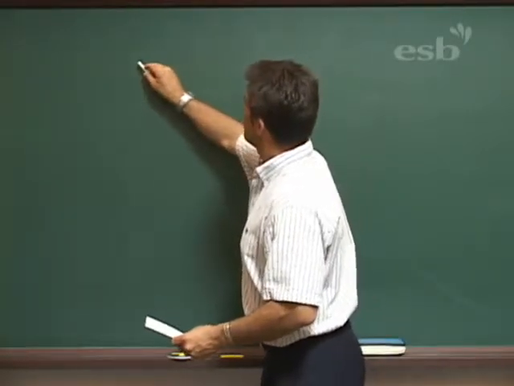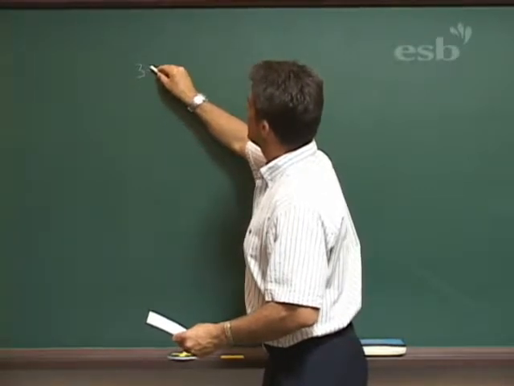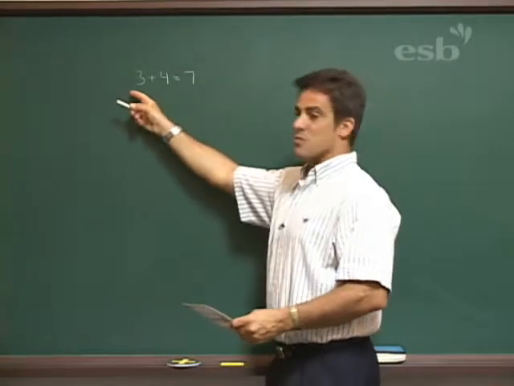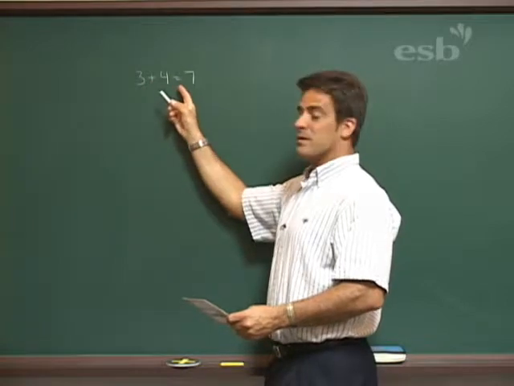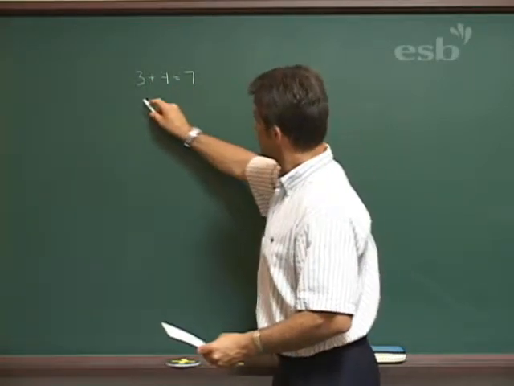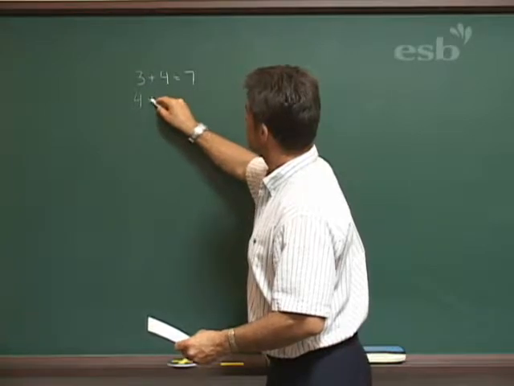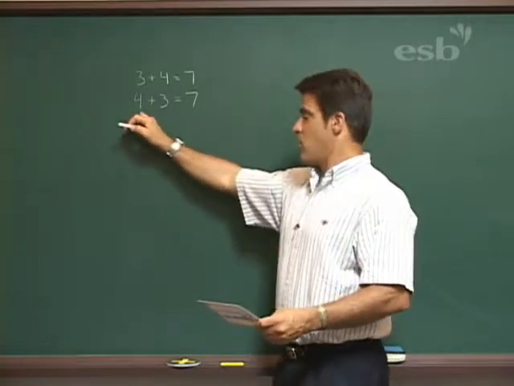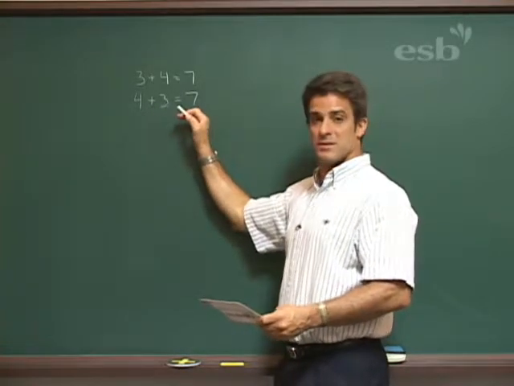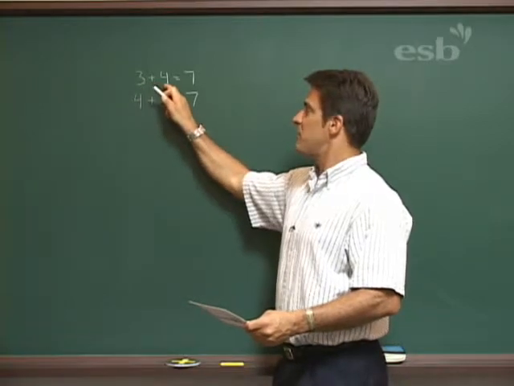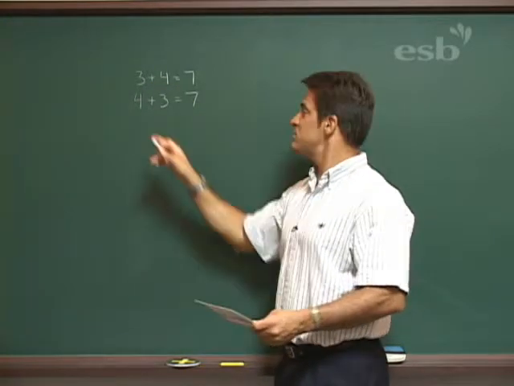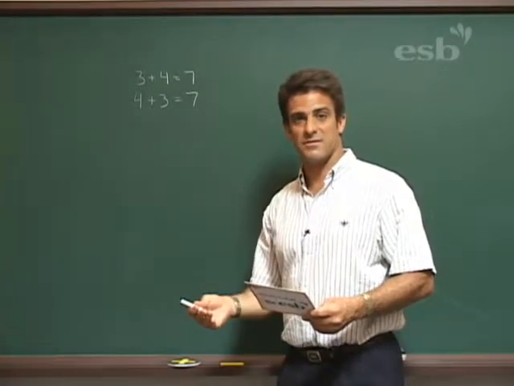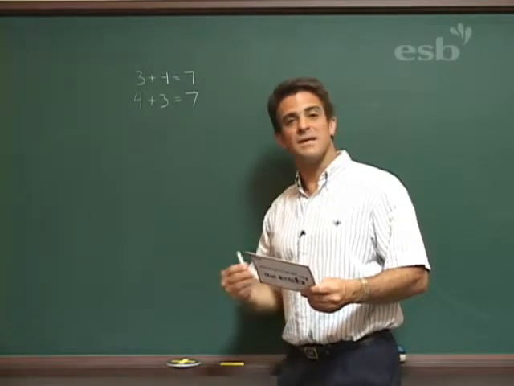For example, 3 plus 4 equals 7. 4 plus 3 equals 7. 3 plus 4 is the same as 4 plus 3. This is commutative. Multiplication is the same.